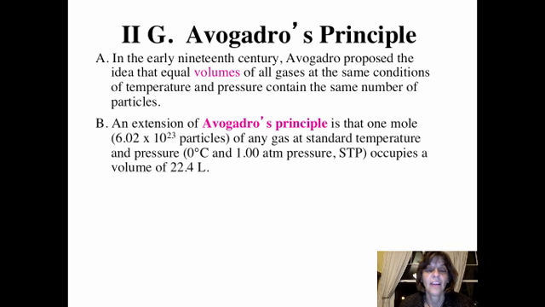All right, now let's look at Avogadro's principle. Avogadro of mole fame. So these guys do more than one big idea usually. He proposed an idea, actually it led him to the idea about moles, that equal volumes of all gases at the same conditions, temperature and pressure, contain the same number of particles.